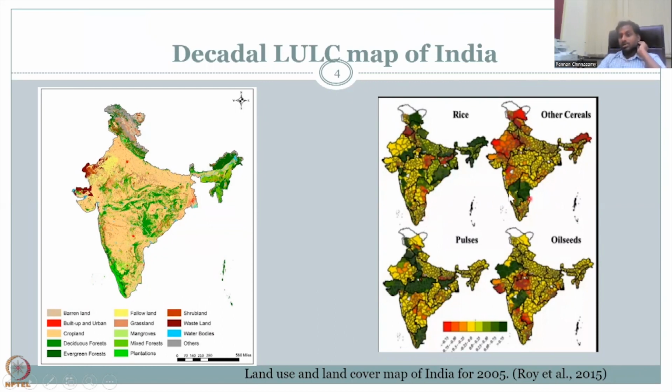But cereals are grown mostly in Karnataka, Andhra, Telangana, and pulses in Tamil Nadu, Madhya Pradesh, and Gujarat, whereas oilseeds are in Rajasthan. Wheat is still there, but we are not having it in this paper. So all these are done. So these are extracted first as a generic cropland. So if you could see, cropland is given in brown color in the left image, and then the cropland is divided into multiple crop types.